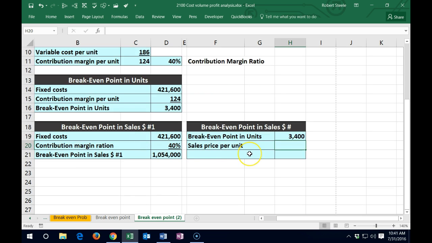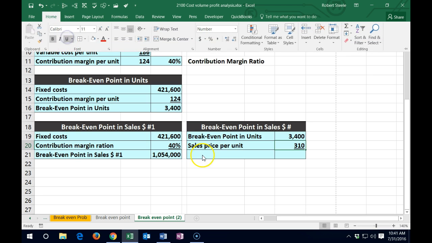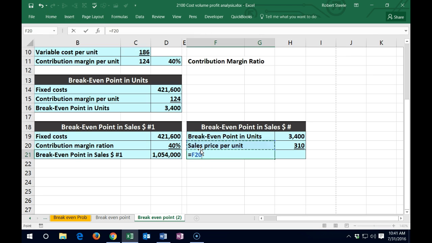That's how much we're going to sell this stuff for. So 310, and we go to the home tab and underline that, then it would make sense that we should come out to the same number as this if we take the break-even point in units times how much we're going to sell those units for.